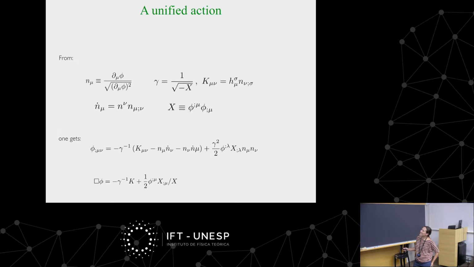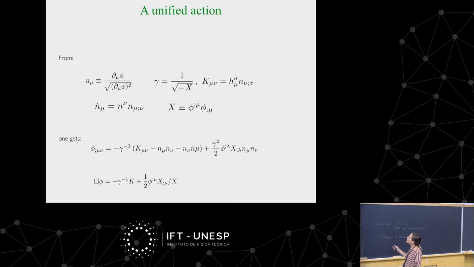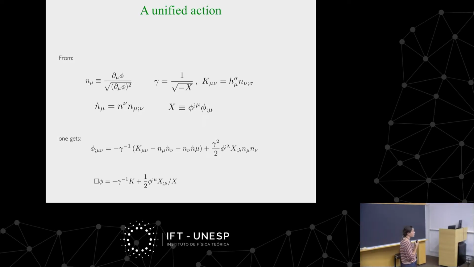There's an acceleration vector that you can associate to this unit vector. In most of the theories, this is 0. In some versions, such as a non-projectable version of Hořava-Lifshitz, that is non-zero.